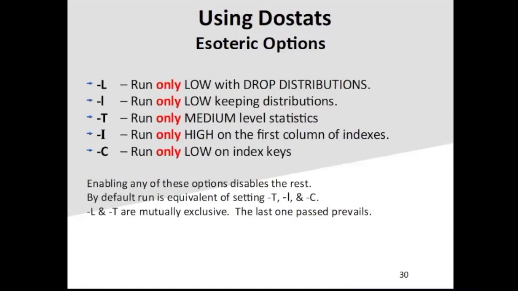If you do dash T, it only does medium level stats on those columns that don't lead indexes. If you add dash capital I, it does high on the first columns of indexes and first column that's different from one index to another. And dash capital C to do the low on each individual whole index key, which we'll talk about in a little bit.